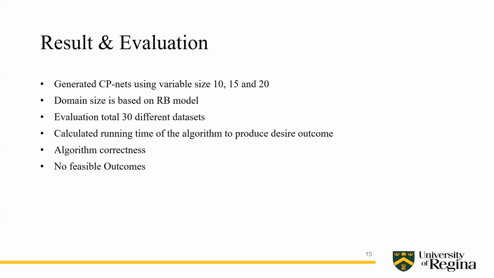We calculated the running time of these two tests, and we also checked the correctness, whether the solution we are getting is correct or not. And if we give some more constraints, there is a possibility that there is no feasible outcome as well. We have considered those in our results and evaluation.